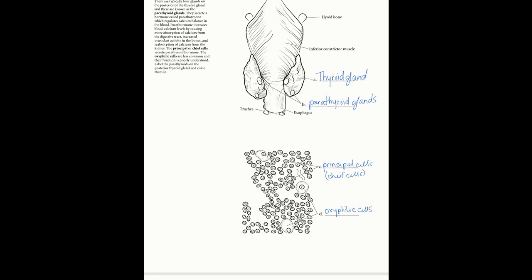Now, the function of oxyphilic cells is not super defined. However, we know that our principal or chief cells are going to secrete what's called parathyroid hormone. And again, with your upcoming assignment, you will get a little more information about that.